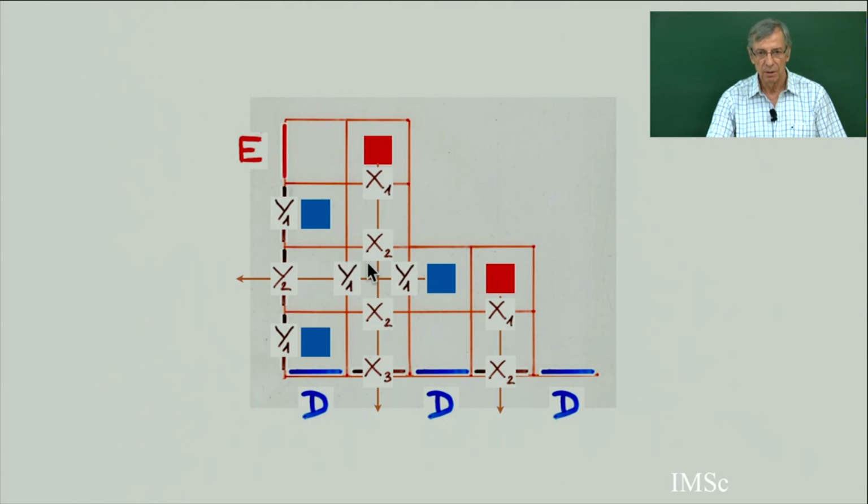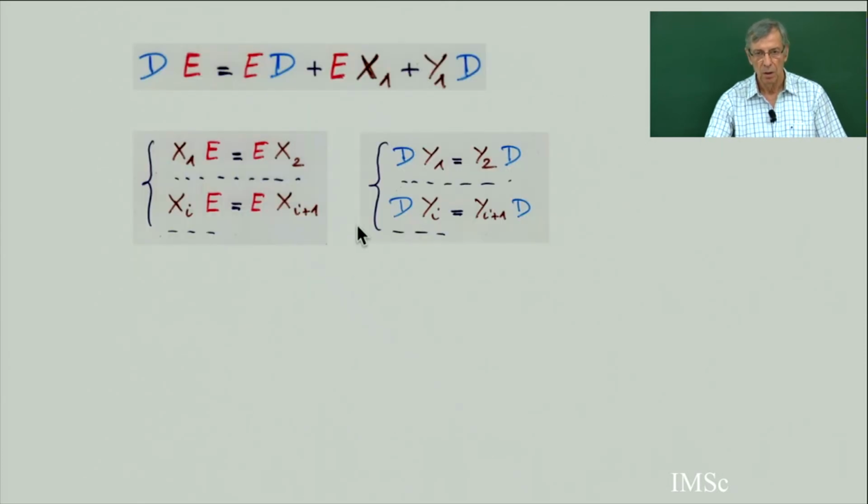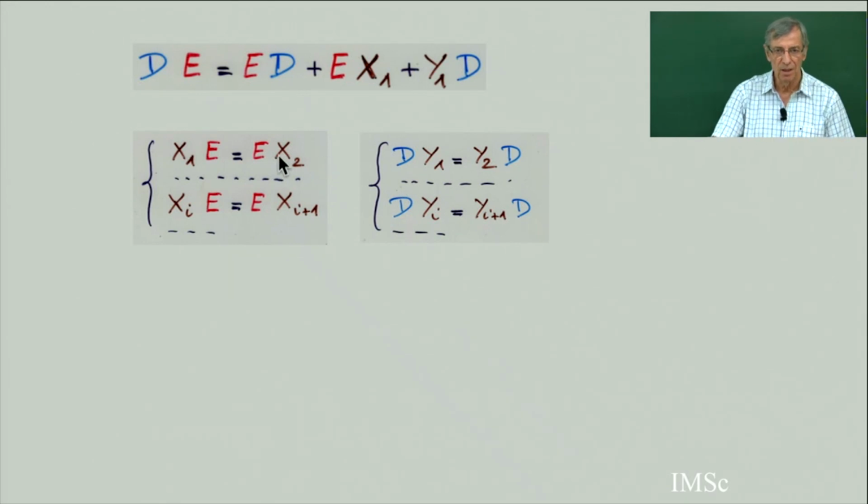You see, if you look carefully at the equation, when you have for example d, then y1, x1 appear, here y1 appears. This is a crossing, so the index does not increase. Each time you meet this, this would be a d. In this label, dy1 is going to be equal to y2d. In this, each time an x or a y is commuting with the e or the d, then the index increases.